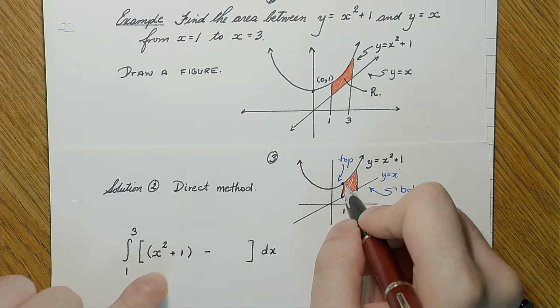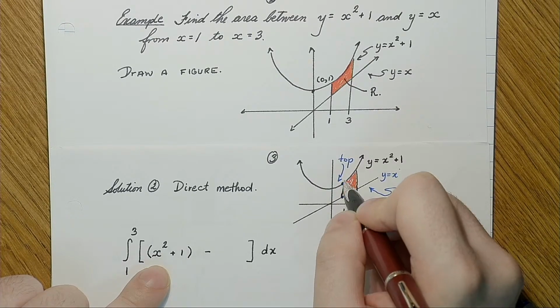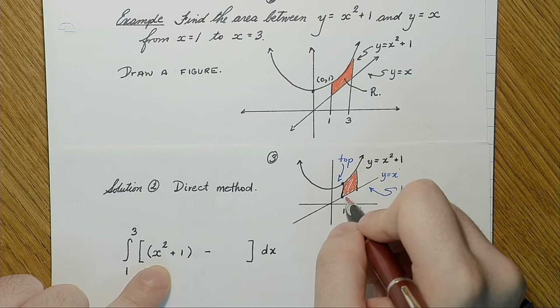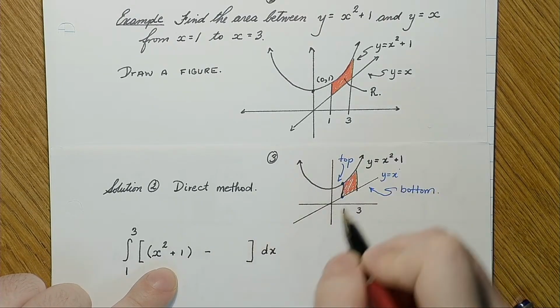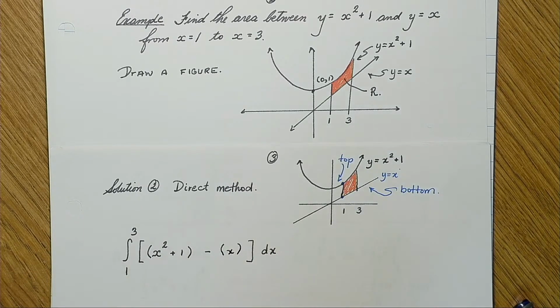For the top we get this entire length all the way down to y equals 0, but we'll also subtract the y equals x part, the bottom function, so we actually get the length that we wanted.